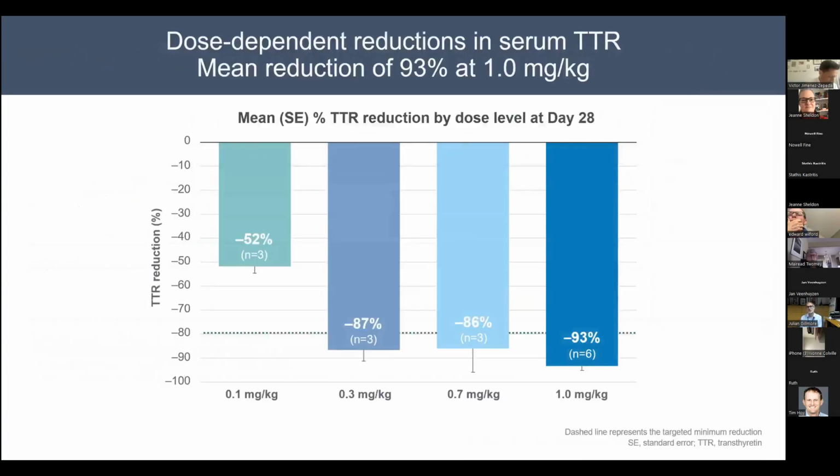And here's the so-called surrogate efficacy data. So at day 28, you see dose-dependent reductions in serum TTR concentration. And the mean percentage reduction in circulating TTR concentration from baseline in the 6 patients who received the 1.0 milligram per kilogram dose of NTLA-2001 was 93%.